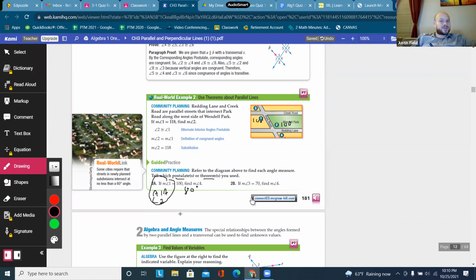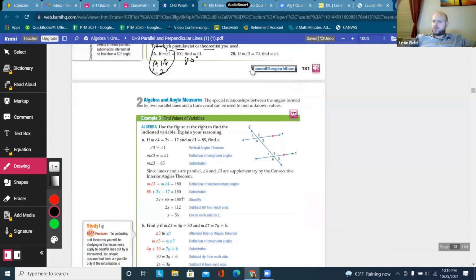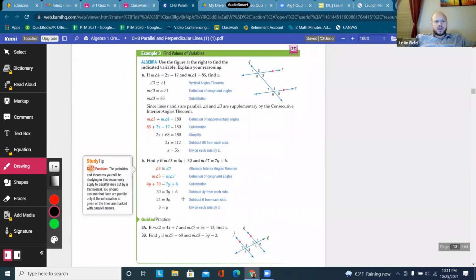So they're congruent. But then I also know that angle 2 and angle 4 are linear pairs, so they're supplementary, subtract from 180. Hopefully that makes sense. You can post that in the organizer.